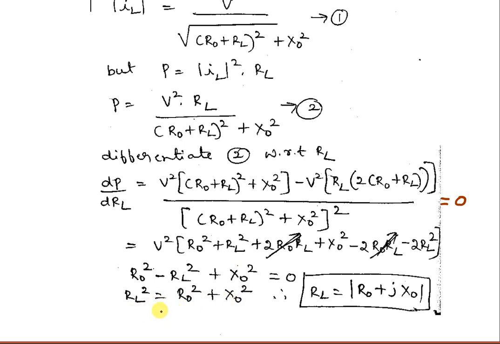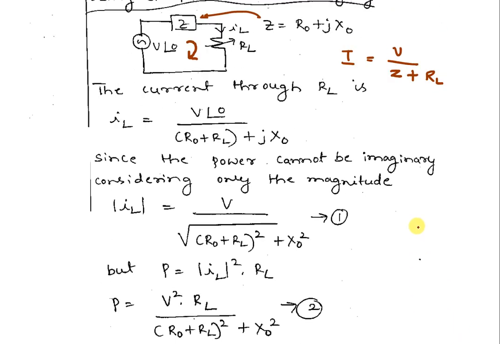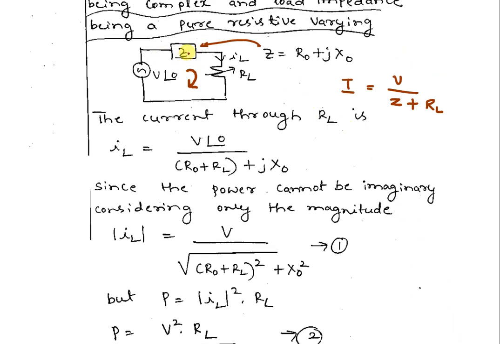So this is nothing but the magnitude of R naught plus jX naught. This is the value of source impedance Z equal to R naught plus jX naught, and the magnitude of this is given by the root of R naught square plus X naught square. So this RL should be equal to the magnitude of this.